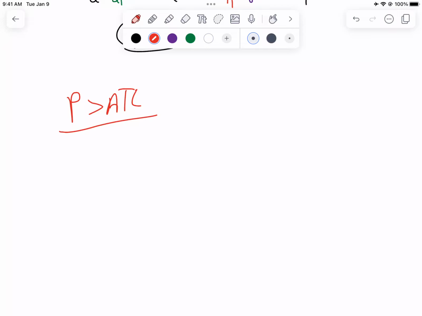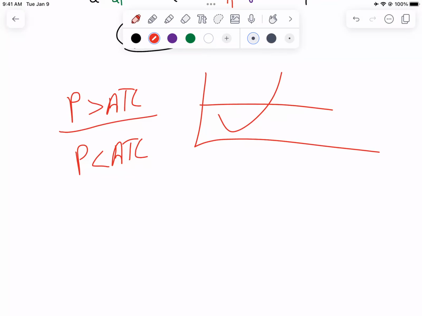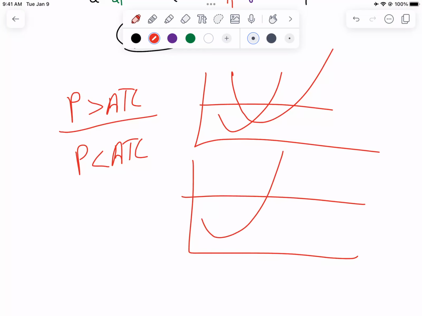And if you're doing losses, then price needs to be less than ATC. So when we're doing profits, it's going to look something like this. And when you're doing losses, it's going to look something like this. Make sure you do that correctly and label everything.